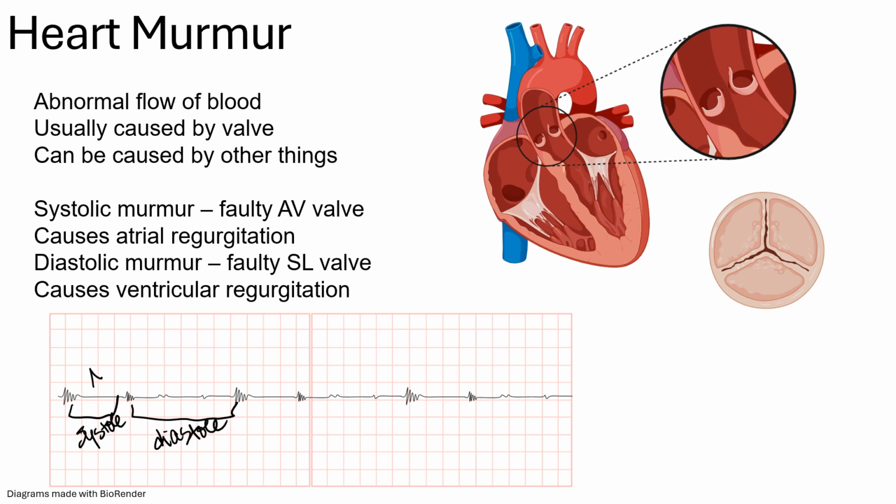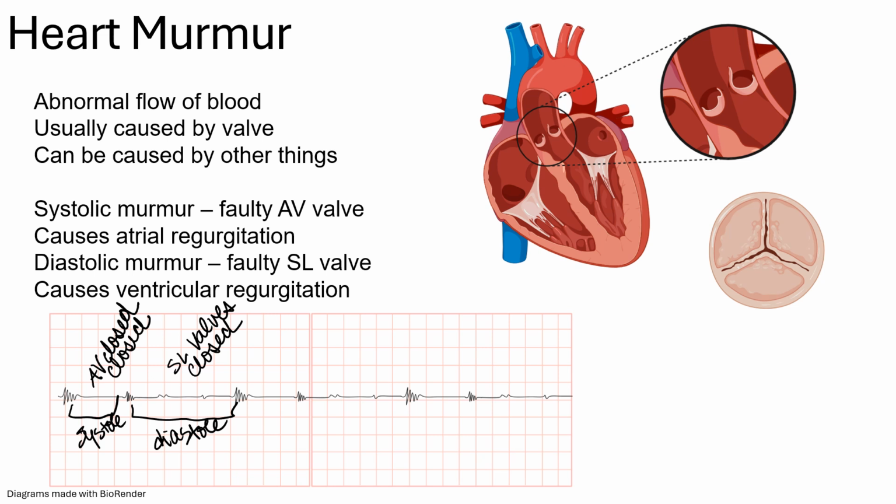This is when the AV valves should be closed. And so if we hear a sound there, that's an AV valve murmur. This is where the SL valves should be closed. And if we hear a murmur there in diastole, it would be most likely malfunction of an SL valve.